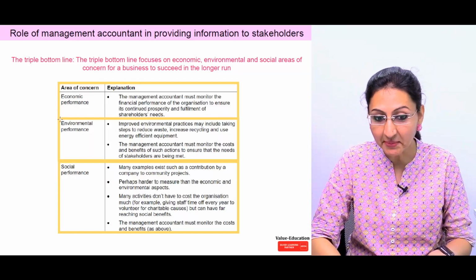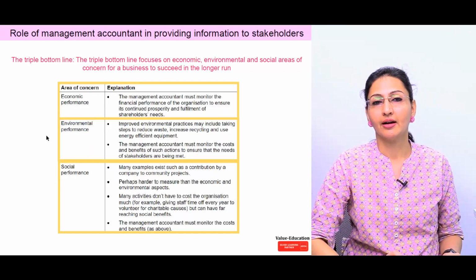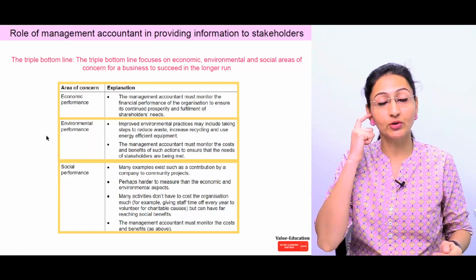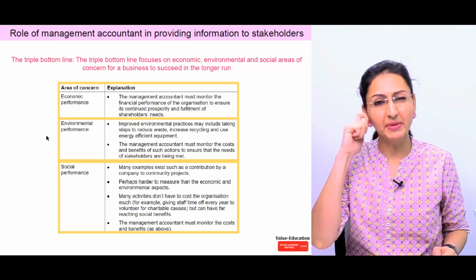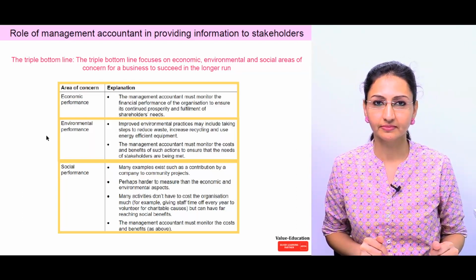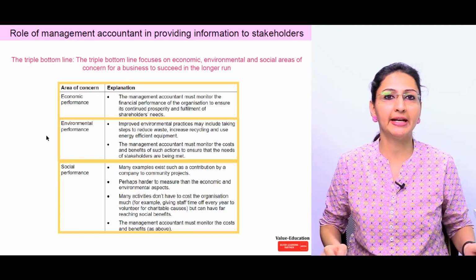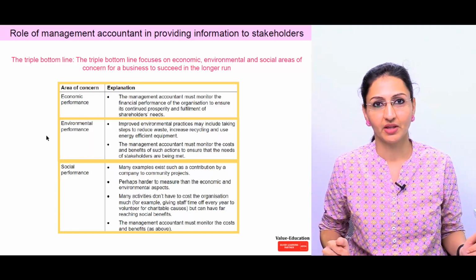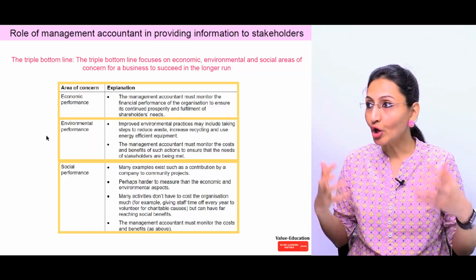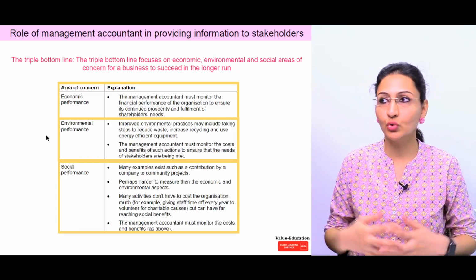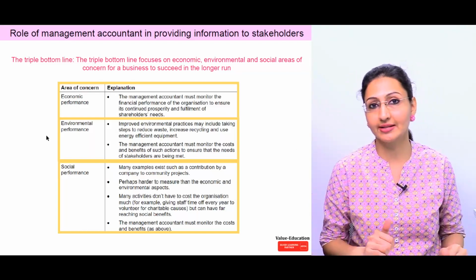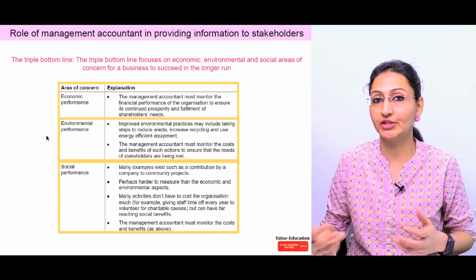Then environmental performance, better environmental practices. So nowadays what you will see is businesses doing CSR, corporate social responsibility. You will see some of the businesses are maintaining gardens, they are maintaining the government schools, they launch certain programs to clean rivers, to protect the forests, they go for plantation drives.